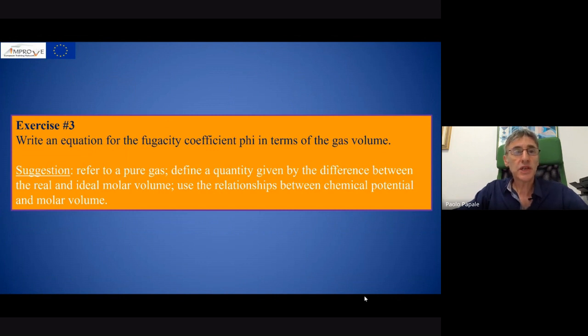I give you a suggestion here. Just refer to a pure gas, which makes the problem easier. Start from the definition of a quantity, which represents the difference between real and ideal molar volume. Then use the relationship between chemical potential and molar volume. Press pause now if you are doing the exercise.